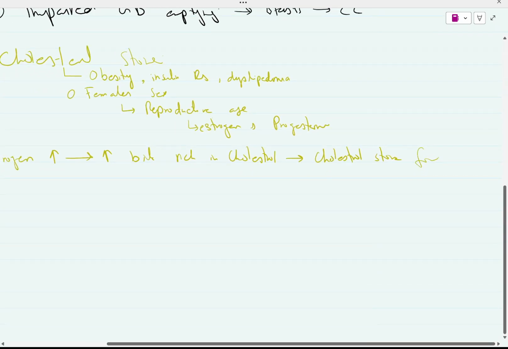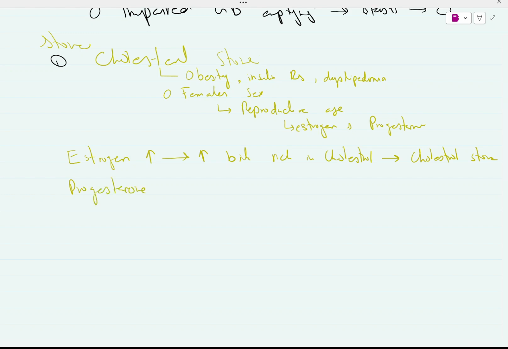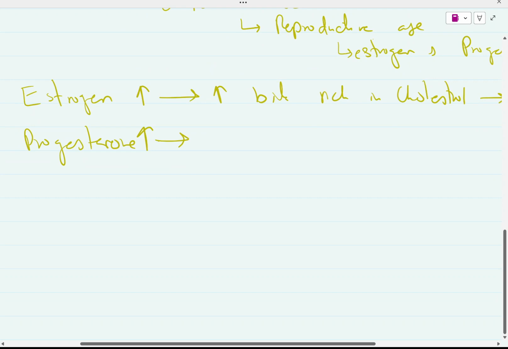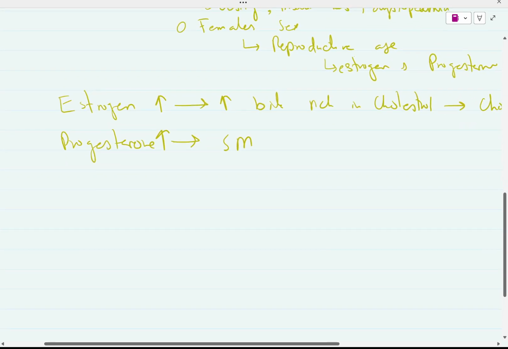So next thing is how progesterone causes cholesterol stone formation. When there is an increased progesterone level, as in a case of female, what is the effect of progesterone? This progesterone relaxes smooth muscle, and as you know, the gallbladder also contains a smooth muscle wall.